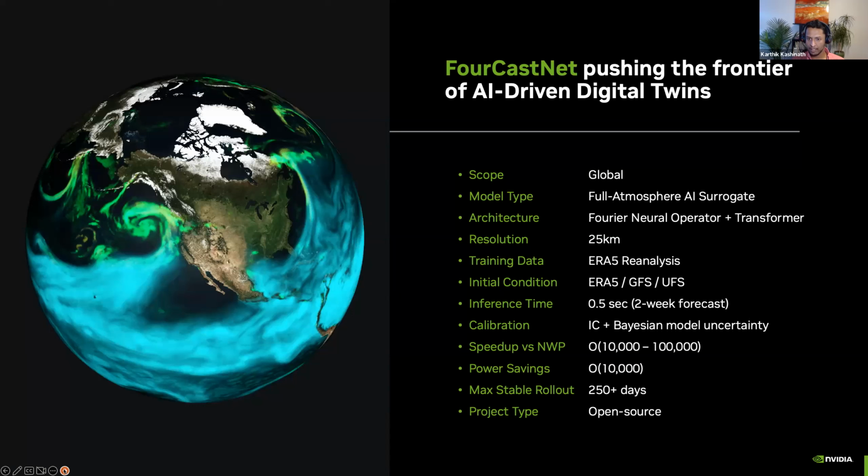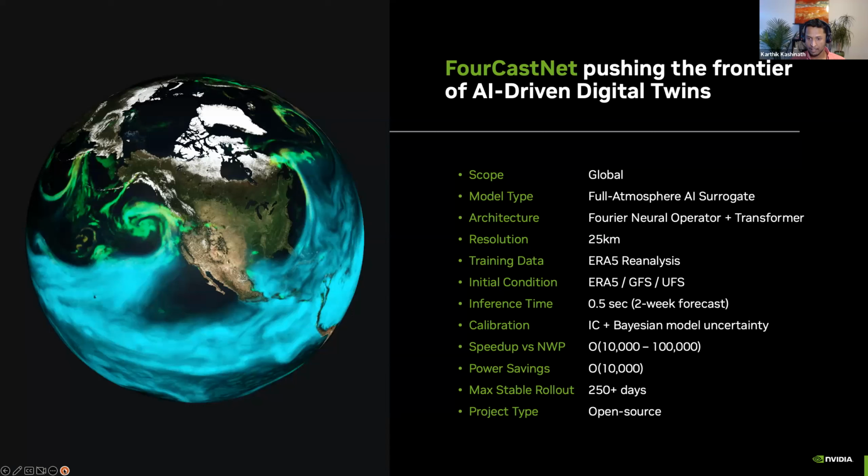The model has been calibrated. The ensembles have initial condition and Bayesian model uncertainty in them, and I'll talk about this as well. The speed up, as I mentioned, compared to numerical weather prediction models like IFS is between 10,000 and 100,000, depending on the resolution. The power savings corresponding to that speed up is about 4 orders of magnitude, so 10,000x.